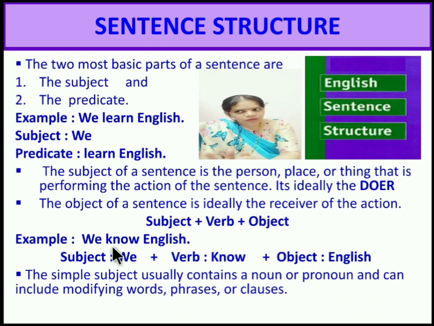Now if it is "We the students and our teacher are going to learn English," then "we the students" is plural and "our teacher" is singular, so all together becomes the subject of the sentence. In this case it becomes a complicated subject. That is what they are referring to here. A simple subject usually contains a noun or a pronoun and can include modifying words, phrases or clauses.